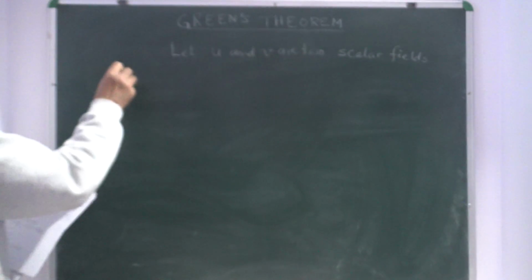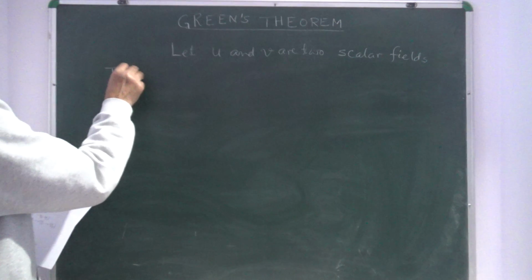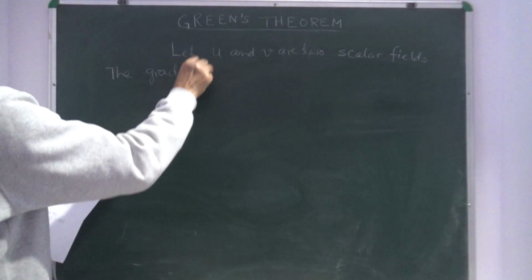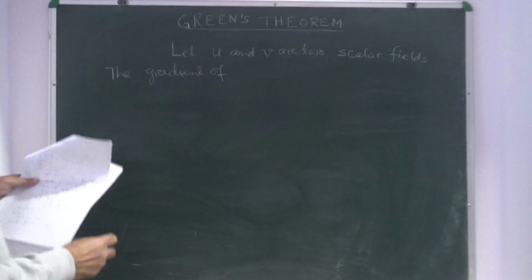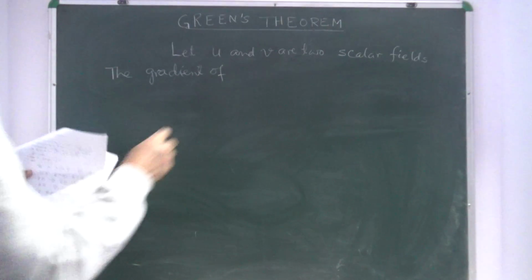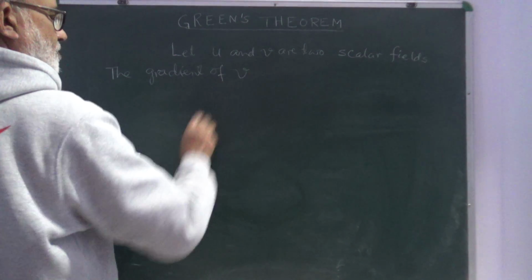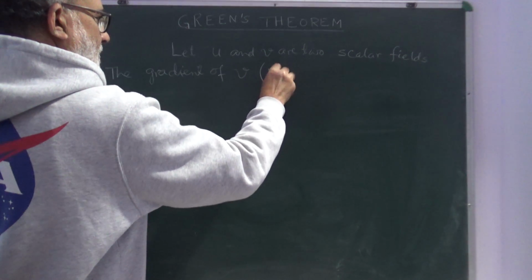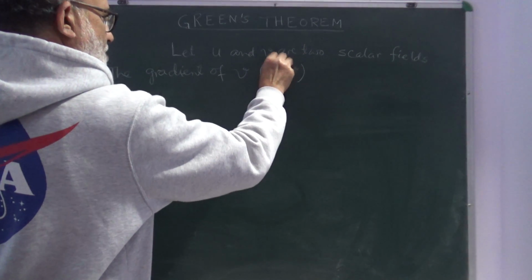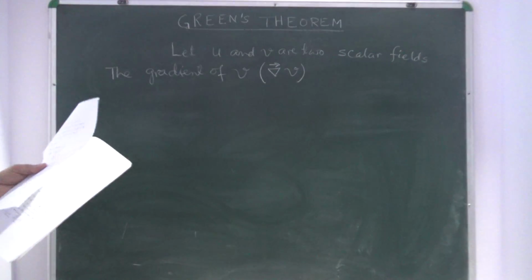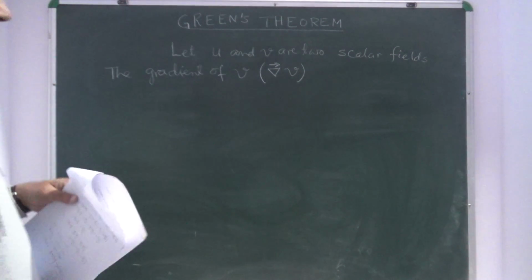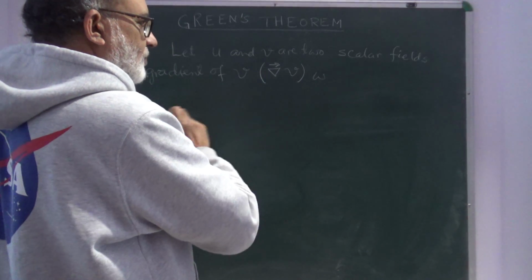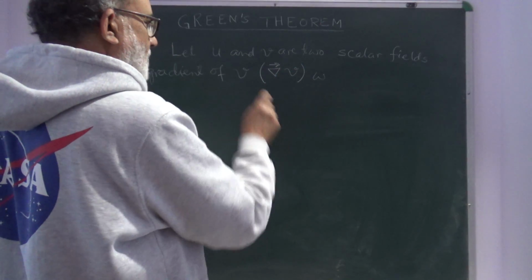The gradient of the scalar field V, written as del V, will be a vector field, because we know that the gradient of a scalar field results in a vector field.